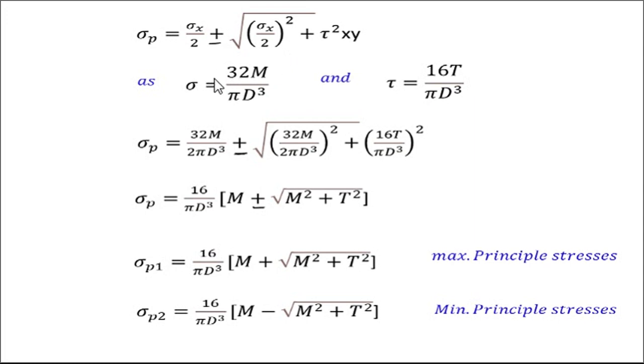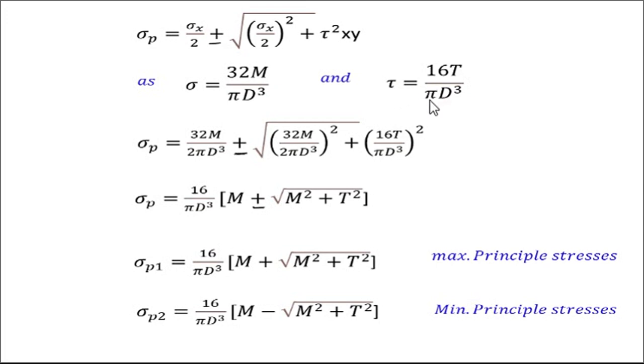We have already studied the bending stress formula. From the bending or flexural formula we can derive the expression sigma equal to 32M divided by pi d cube, using sigma upon y equal to M upon I. Using that basic relation you can derive the bending stress, and also the shear stress tau, from tau divided by r equal to T divided by J.